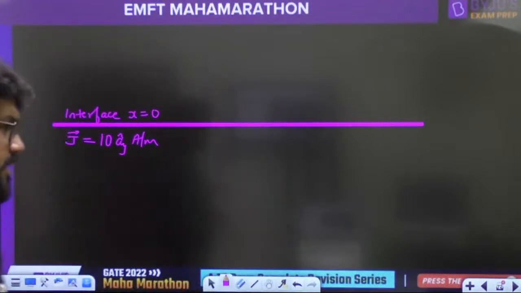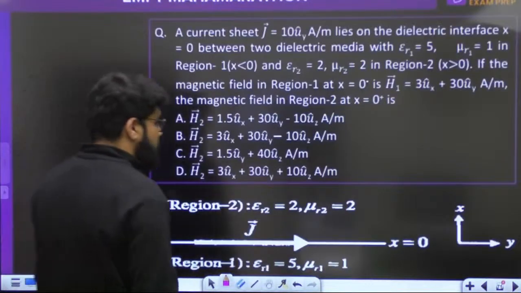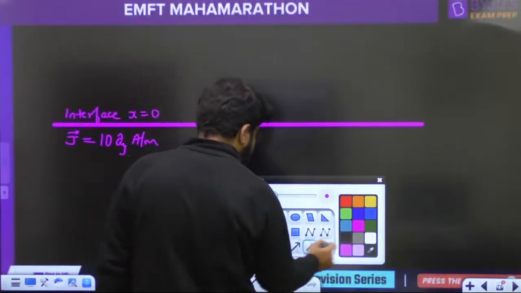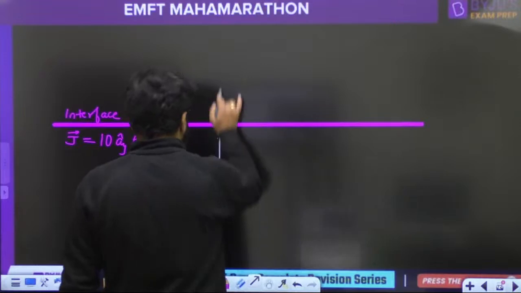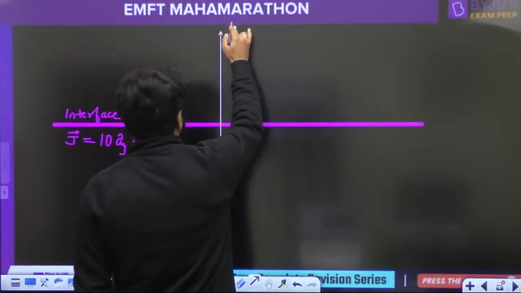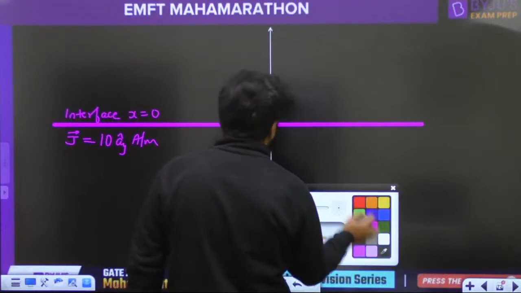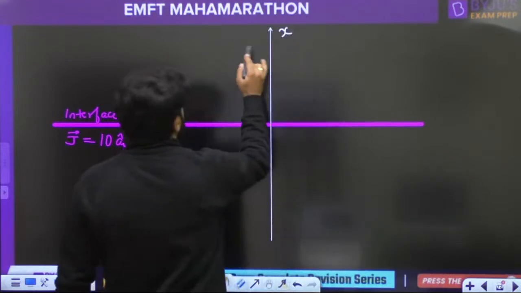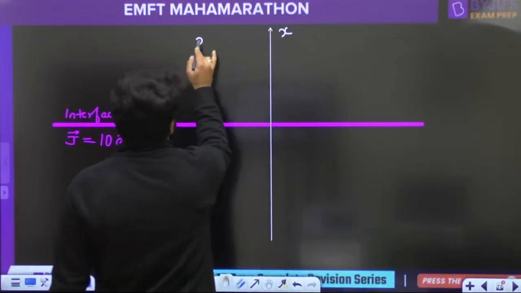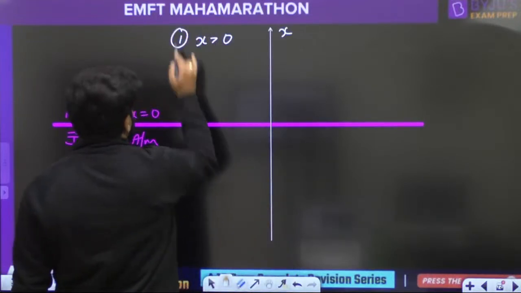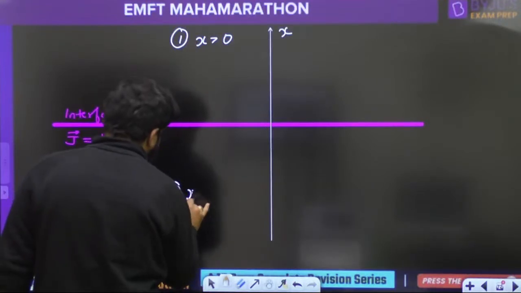Now this vertical axis will be the x axis. This interface is x equal to 0. So it is very clear that the above region is x greater than 0 and the other is x less than 0.